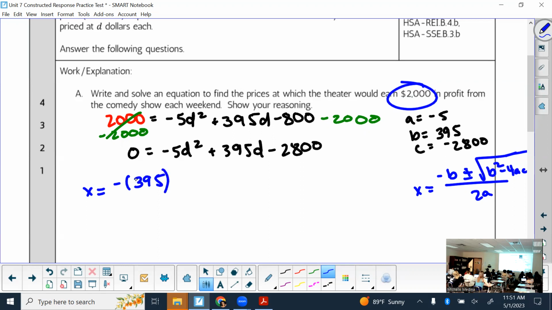395, because it's negative b, so plug in with parentheses, b was 395. What goes here, Elise, where my mouse is? Okay, 395 squared minus 4 times what, Nolan? -5 times what, Nicholas?